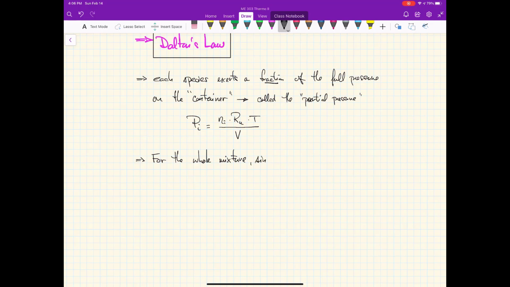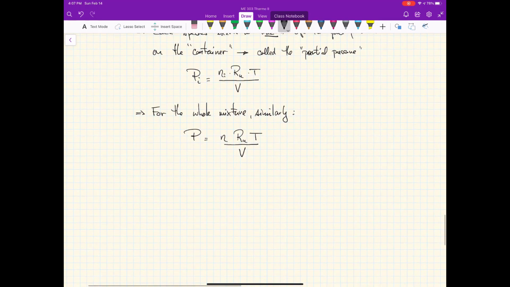As before, we're going to denote p_i to denote the partial pressure of component i within the mixture. Since gas i is itself an ideal gas, it obeys the ideal gas law. So I can cast it in the form of the ideal gas law based on number of moles, which is PV equals nRT, with the universal gas constant this time. Since my temperature and my volume are the same as the overall container volume and temperature, these terms are not changed.